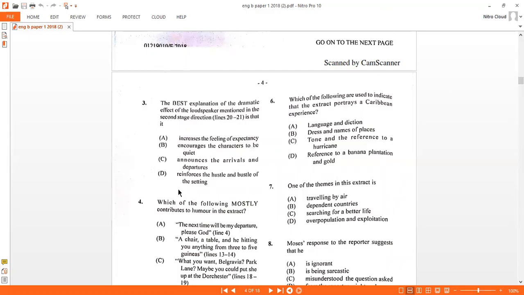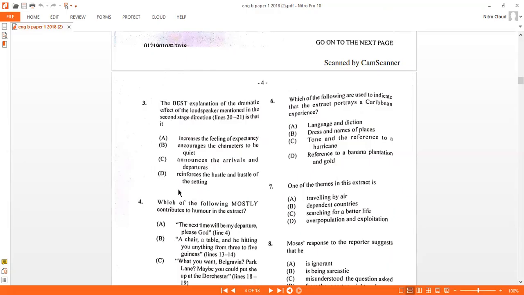It would be to reinforce the hustle and bustle of the setting. Meaning, at a train station, you expect persons to be going to and fro, moving quickly. You expect persons to always be moving and going.